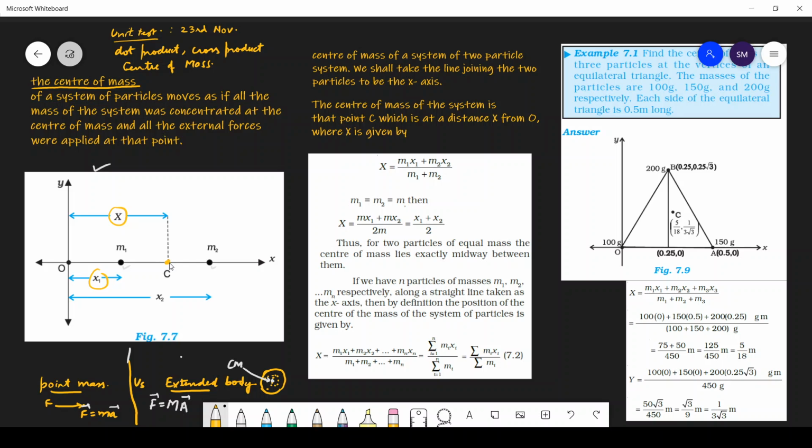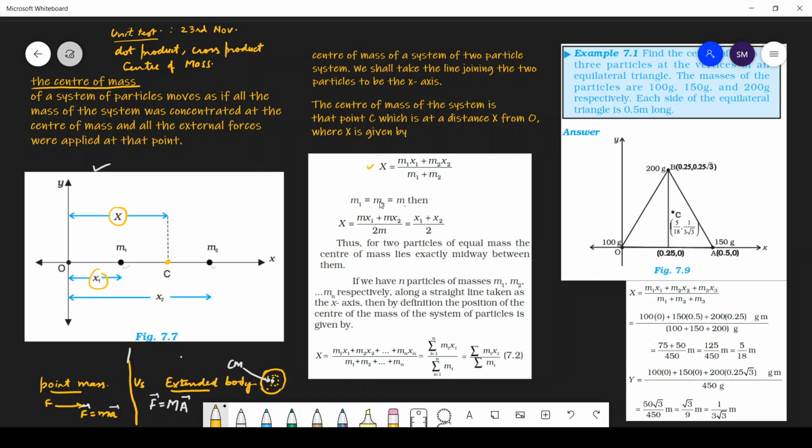So this is the location, and we need to tell the location. So how will we tell it? The formula that we have is X equals m1 x1 plus m2 x2, divided by m1 plus m2.